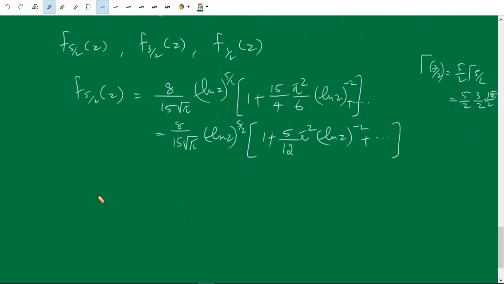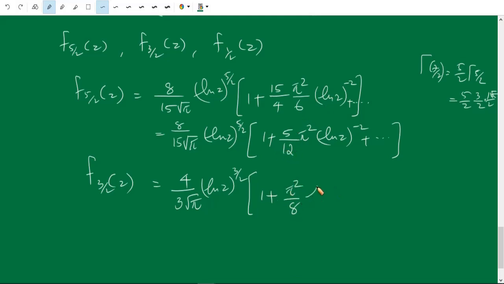Similarly, f3 by 2 of z can also be written, and similarly f1 by 2 of z.